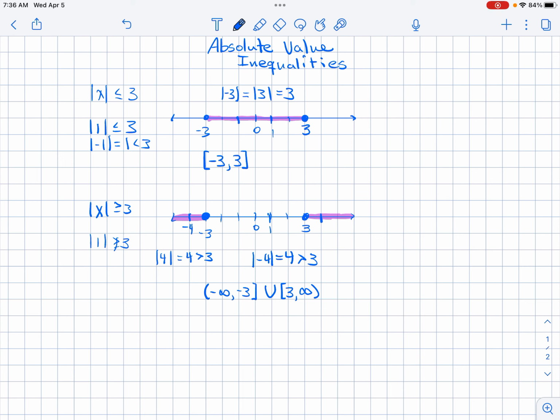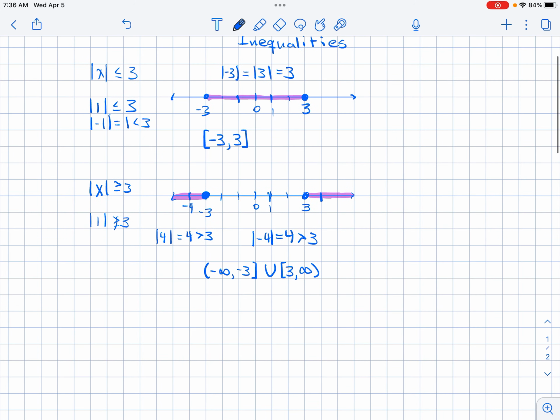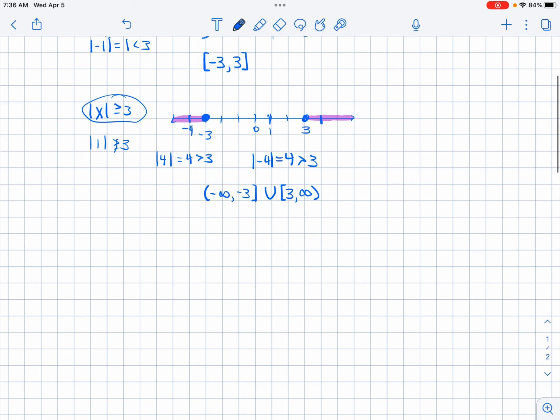So that would be the solution to this absolute value inequality. So we see here we've got two things. We've got less than or equal to, greater than or equal to, or strictly less than, strictly greater than. We'll look at different examples.